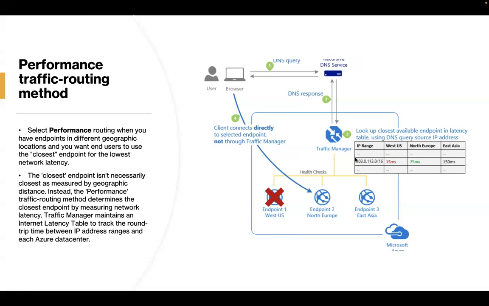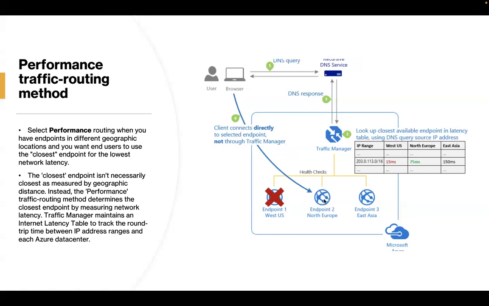Now if West US goes down, which was actually responding with the minimal latency earlier, then out of these two, North Europe and East Asia, the network latency is lower in North Europe.